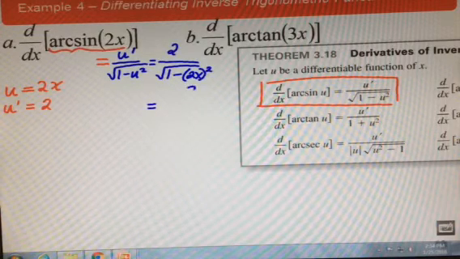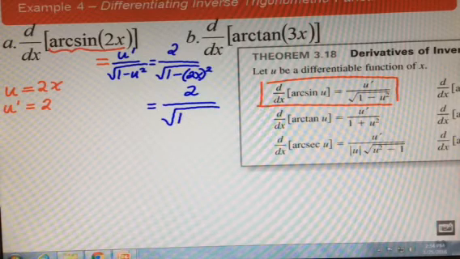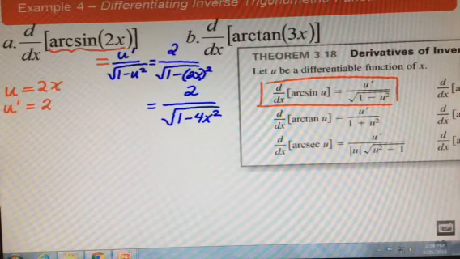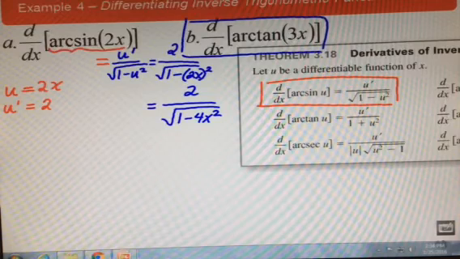Simplifying that further, I'll have 2 over square root of 1 minus 4x squared. Okay. Try to do the next problem, problem B, which is to find the derivative of arctangent of 3x.